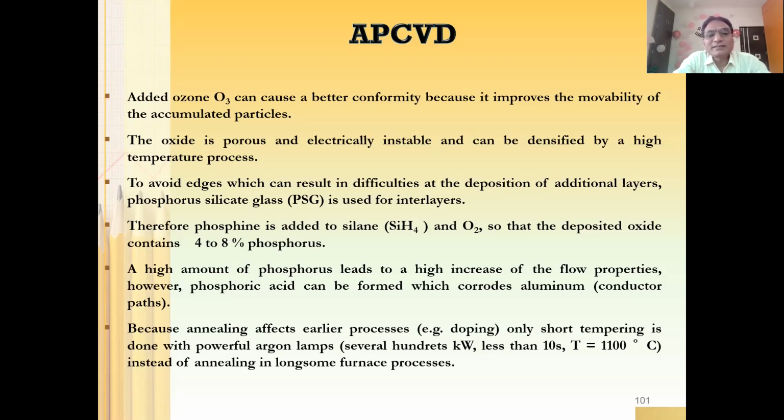So whatever difficulty is there can be minimized by using phosphorus silicate glass. Therefore, phosphine is added to silane and O2 so that the deposited oxide contains 4 to 8 percent phosphorus. A high amount of phosphorus leads to a high increase of the flow properties.